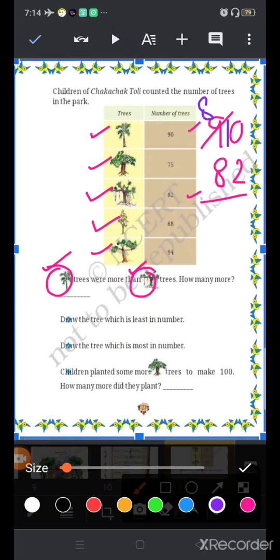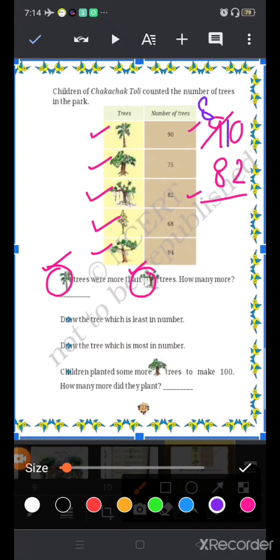So after 2, we'll count up to 10. Start counting: 3, 4, 5, 6, 7, 8, 9, 10. How many finger parts have you counted? 8.